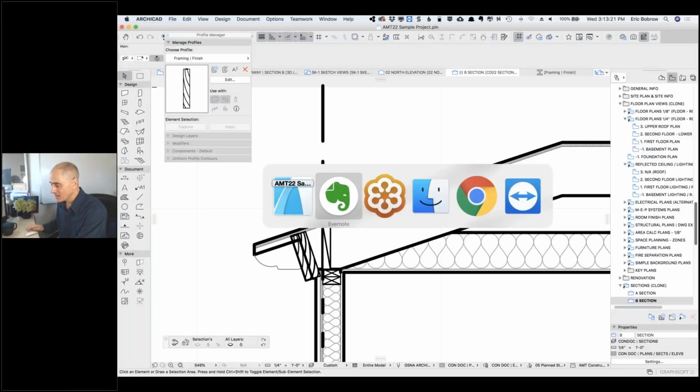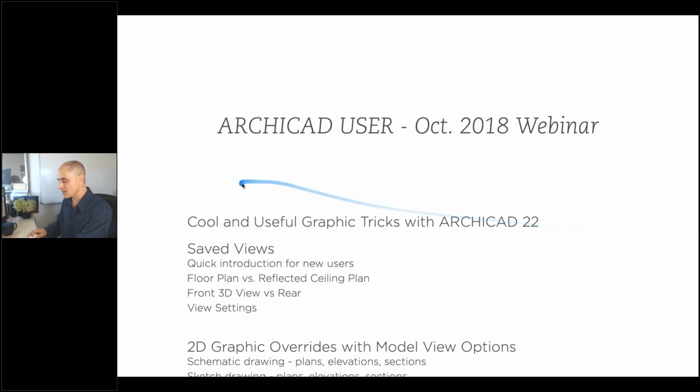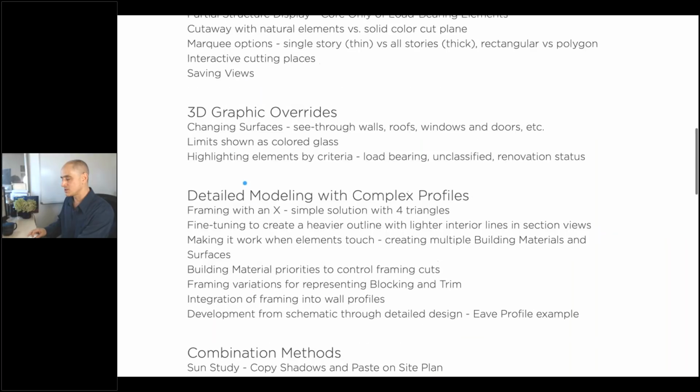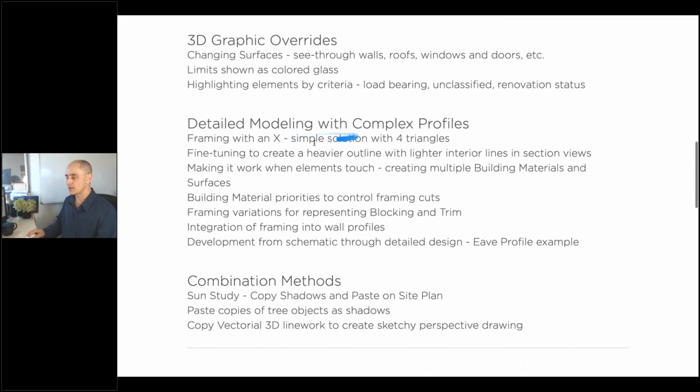Let me actually see. Trying to fit in a ton here, right? Okay, we've done a whole bunch of these things. So here was the detailed modeling. Simple solution with 4 triangles, modifying it to make a heavier outline on things, figuring out how to do it when elements touch, doing multiple surfaces that would work, building material priorities so that you can have things stop instead of joining there, framing variations for blocking and trim, I did that.